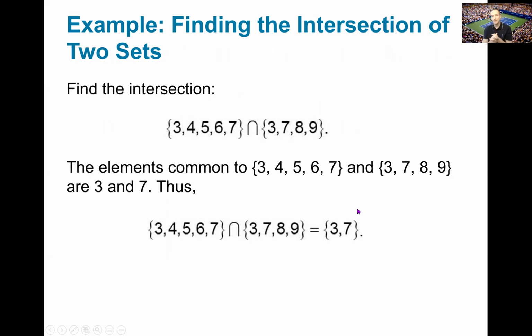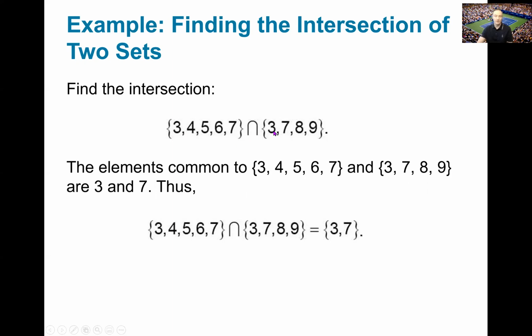So notice here, I have you define the intersection between the set of numbers 3, 4, 5, 6, and 7, and then the numbers 3, 7, 8, and 9. If I want the intersection of these two sets, any element that's in the intersection must be in both the first set and the second set. So you say, well, okay, what about 3?